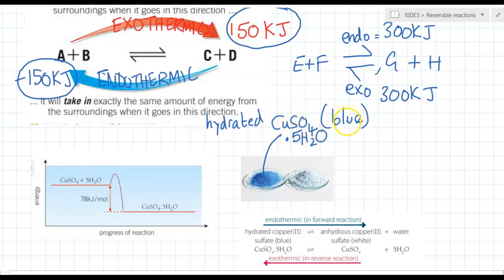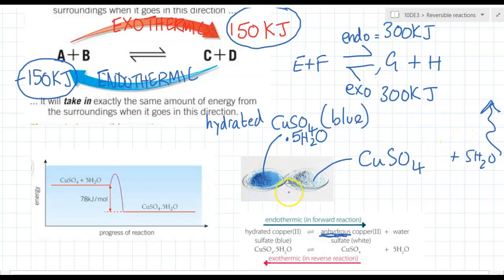It makes it look blue. If you roast that blue copper sulfate and heat it, give it lots of energy, we can push the water out and we can turn it into anhydrous, no water, dry copper sulfate if you like, which is white. No water is attached. The water has been pushed away and evaporated.